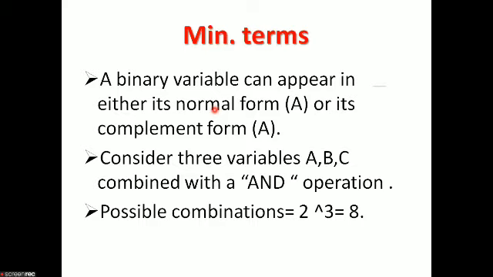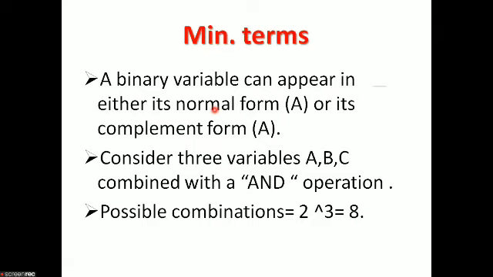Any Boolean expression can be expressed in a standard or canonical or expanded sum of product, that is SOP, or in a standard or canonical or expanded product of sum form. These are very important things. So let us start with the min terms.